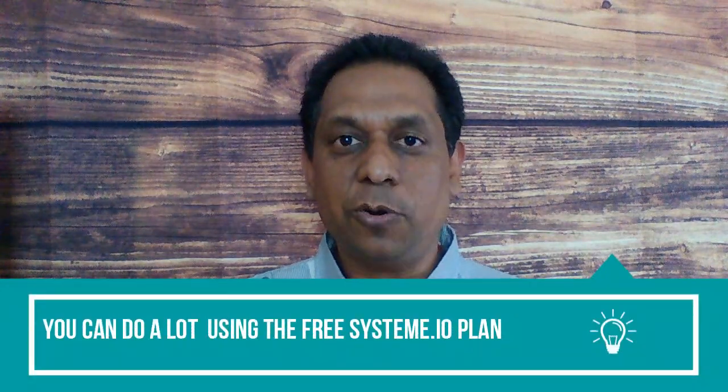You also have a blogger, so any updates that you need to do, or you want to keep your audience in touch with what's going on with your product or service, you can easily write a blog article, which Systeme.io also offers. So as you can see, all of this is provided to you within the free Systeme.io account.